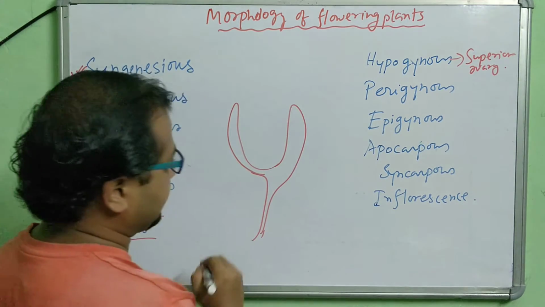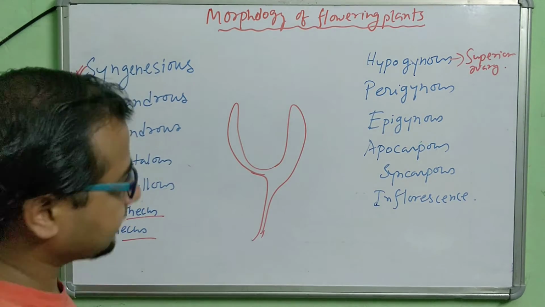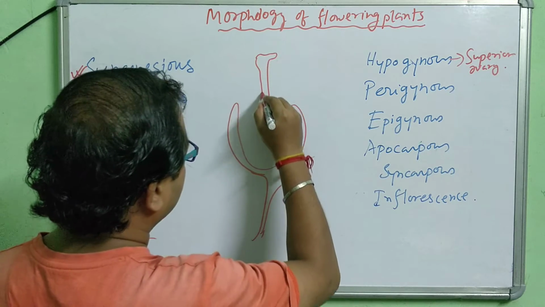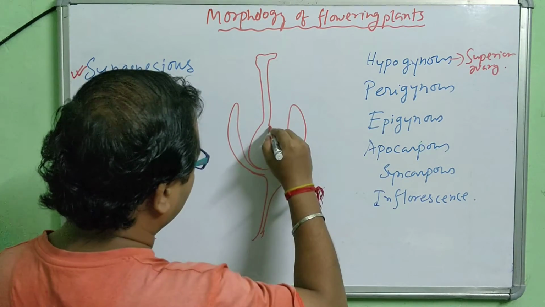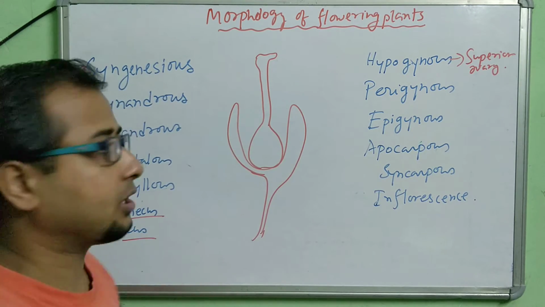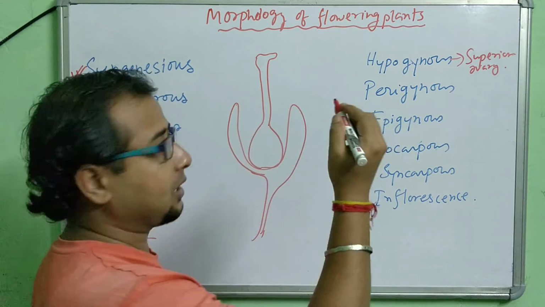Okay. The receptacle or thalamus looks like this. And now what happens is that the gynoecium is situated like this, and the rest of the parts develop from this area, from these two arms of the thalamus.